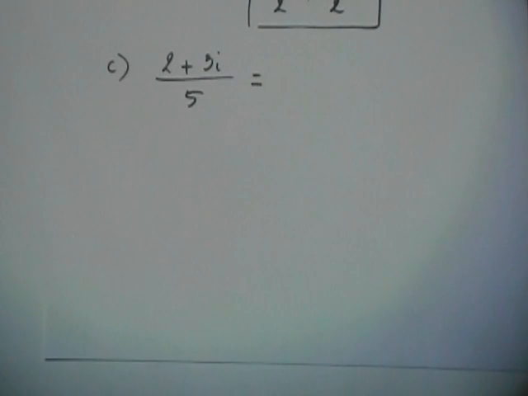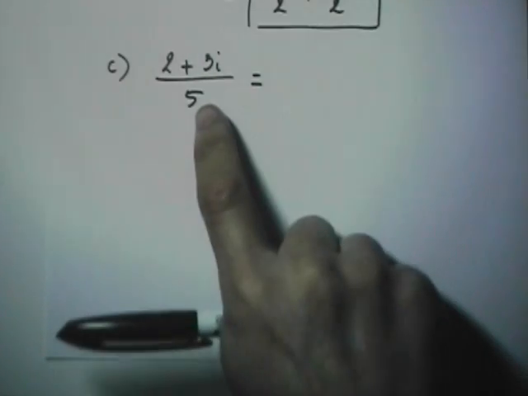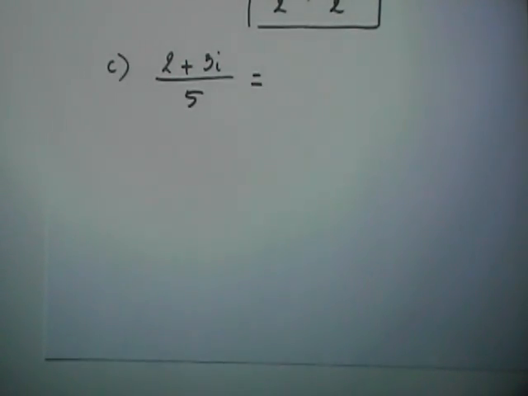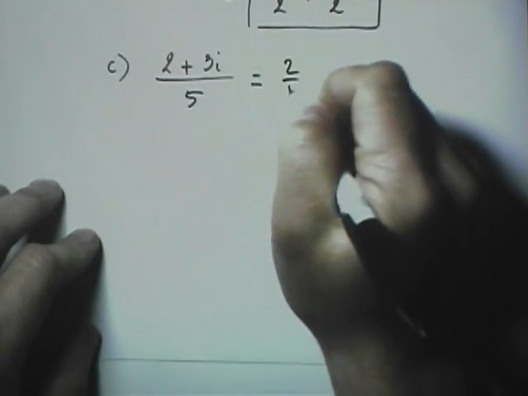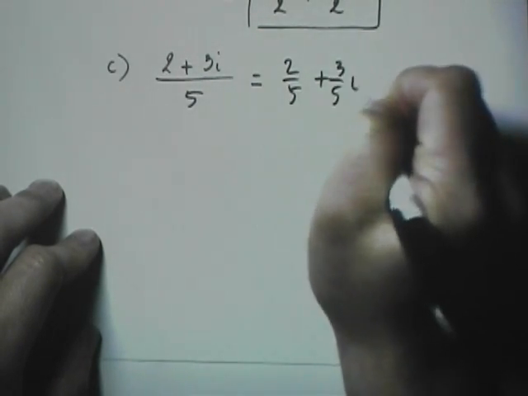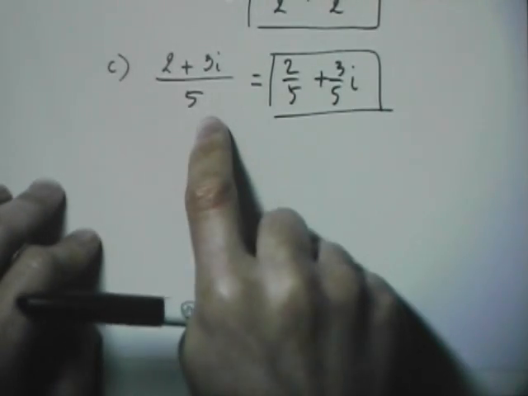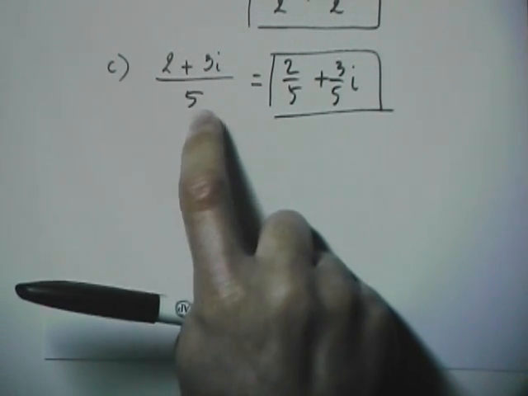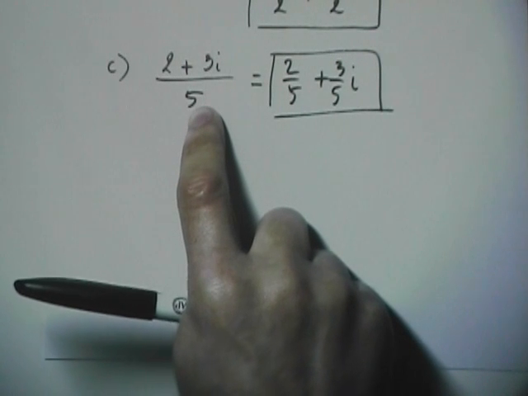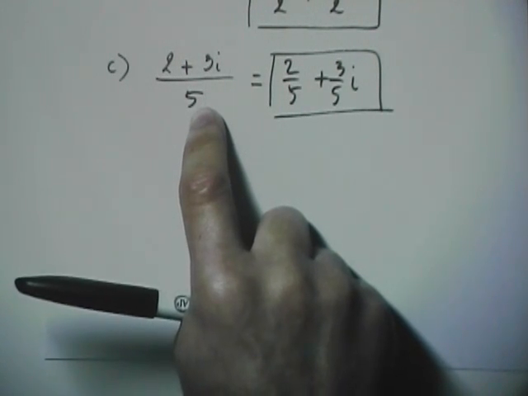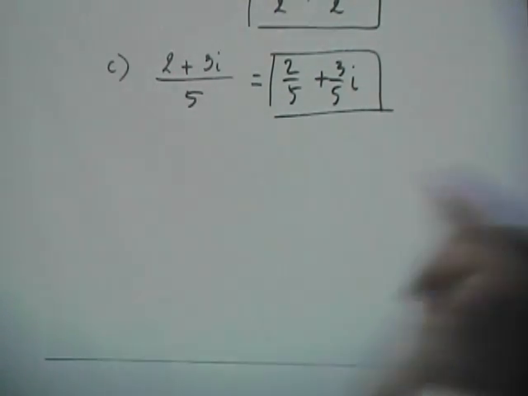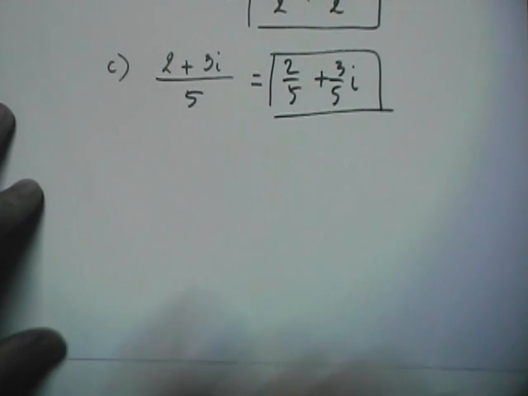Even though you can regard 5 as a complex number, its real nature is a real number. So all you have to do is write 2 over 5 plus 3 over 5 i. That's how you're done. You don't have to bother looking for the complex conjugate, all because the denominator is a real number. That's how I'm done with that particular division problem.